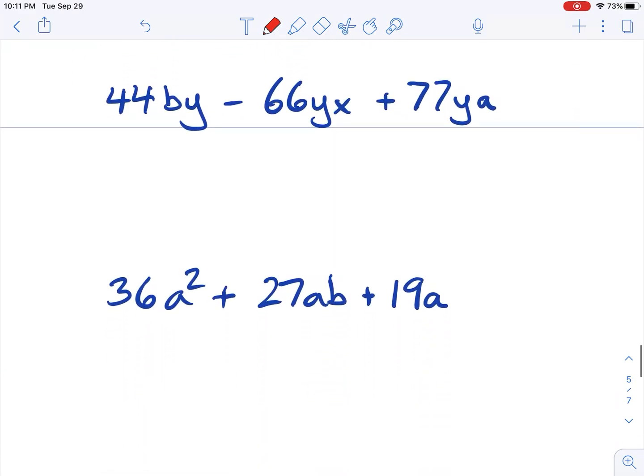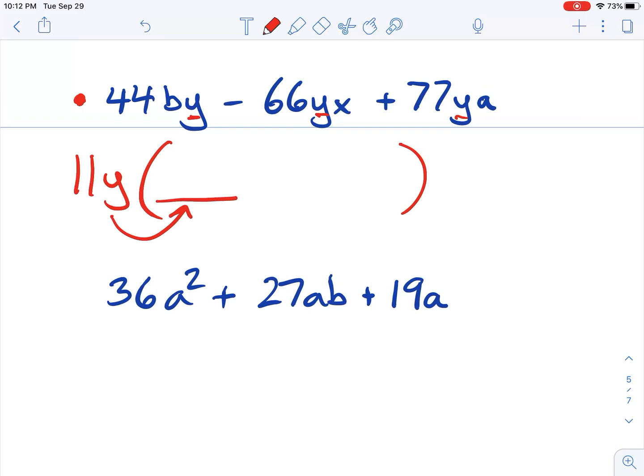All right, let's look at these 2 final ones. Looking at the top here, I see a couple things in common. I see a y, so I'll factor that out. Now I wonder if there's anything else that I could factor out. 44, 66, 77. Okay, I'm also going to factor out an 11. So 11y times what will give me 44by? Because I'm going to distribute to this part here, this blank, and I want it to create this.